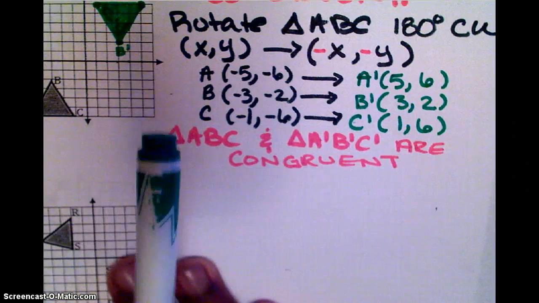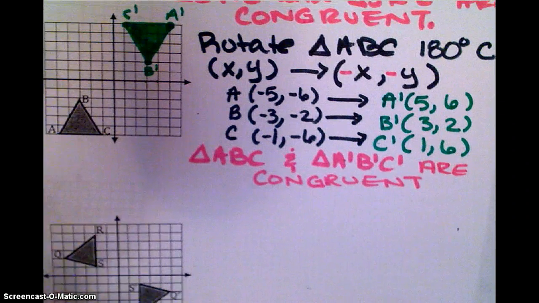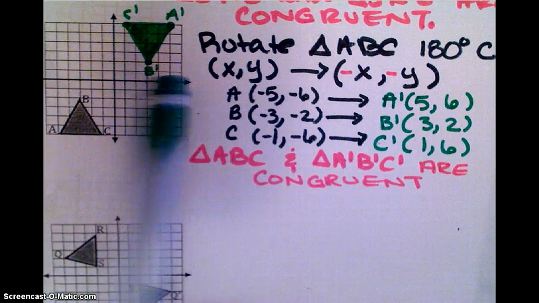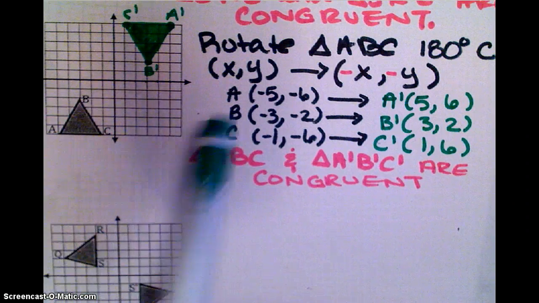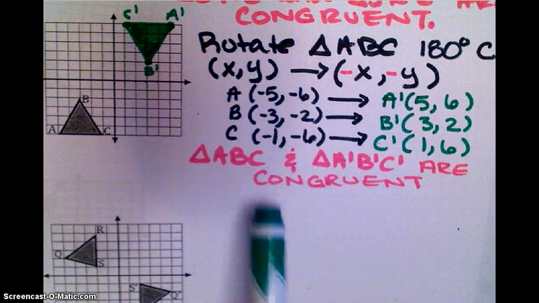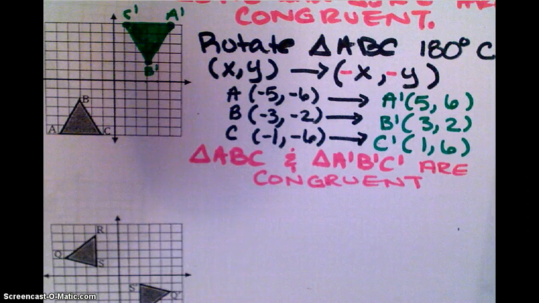And if you graphed it correctly, this is what you should have. And then looking at it, I did kind of do a little turn about the origin 180 degrees. They're the same size, same shape, so I know those two triangles are congruent.